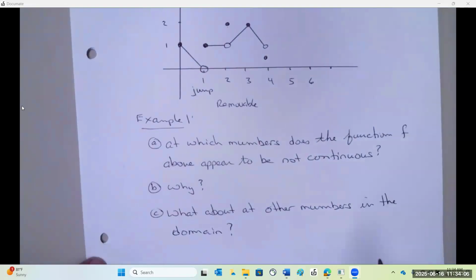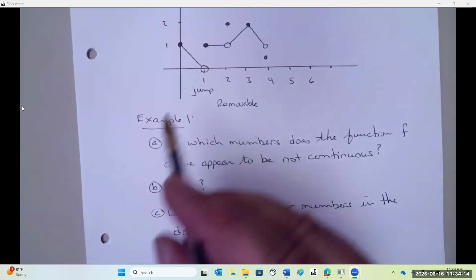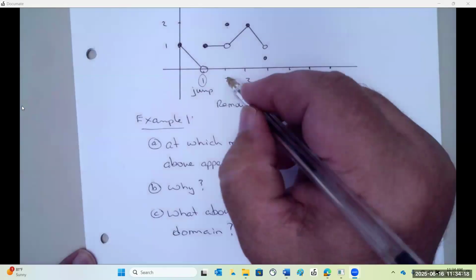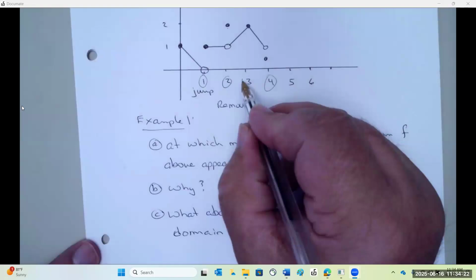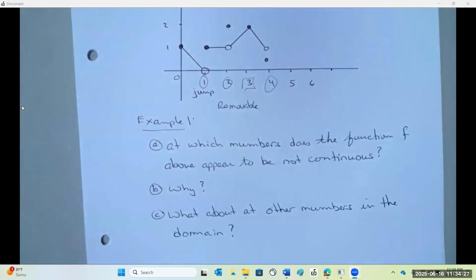So let's look at what happens to these things. What are our numbers in particular? What values are we looking at to examine? We're going to look at 1 because we have a jump discontinuity. We're going to look at 2 and 4 because they have the removable discontinuity. What happens at 3 or at 0, for that matter? Are they continuous?